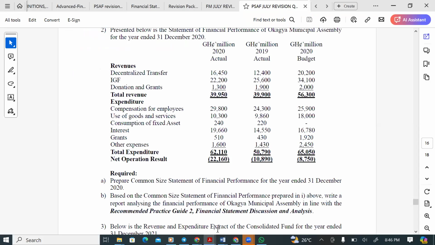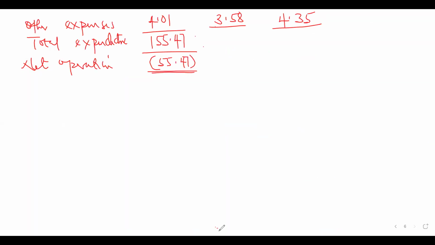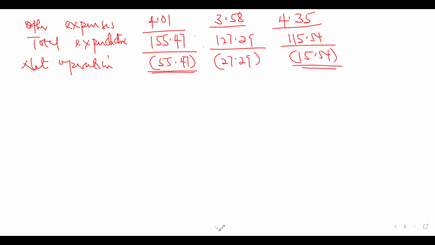Okay. 127.29. Budgeted is 115.54, so this will be 15.54. Okay, the actual for 2020 I have 127.29, so this will be 27.29.